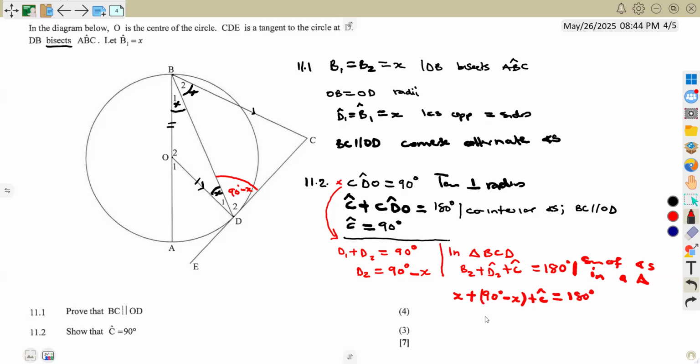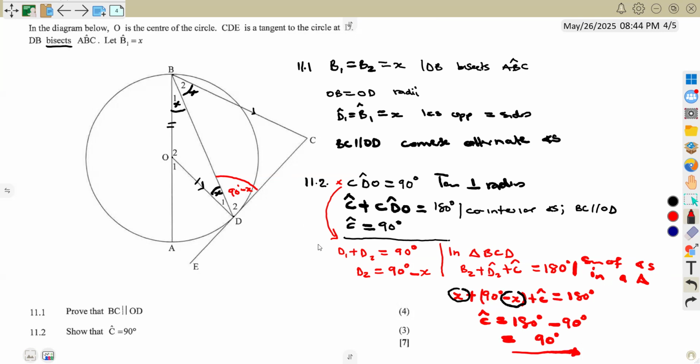So leaving the angle C alone, simplifying this part, the X here and the X here will be eliminated. X minus X is 0. So it means the C will be equal to 180 degrees minus 90 degrees, which will give 90 degrees. That was the alternative way of doing it.